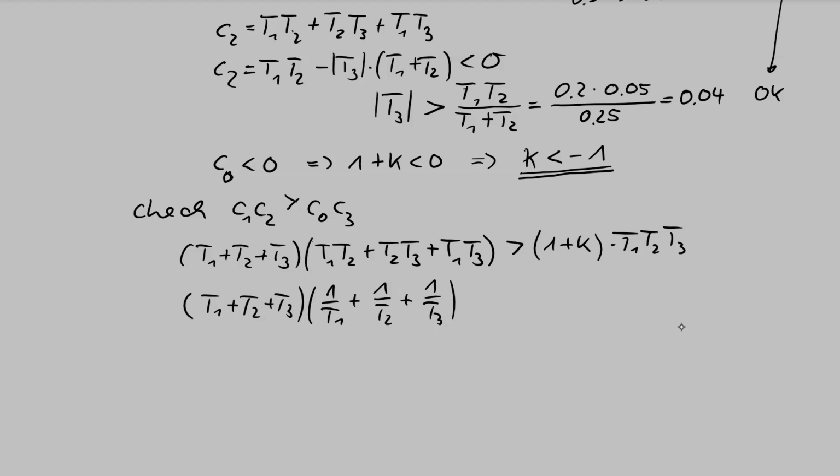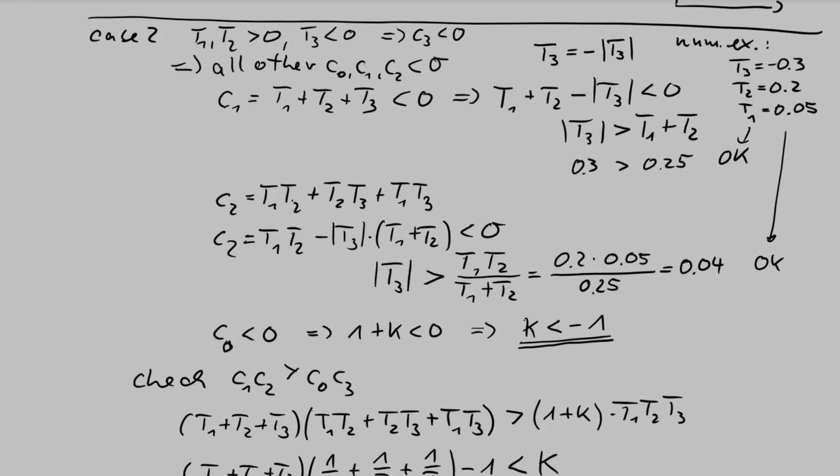So we have to write on both sides -1, and now this sign is changed. So k must be larger than this, and with numbers this gives k must be larger than -1 plus the sum of the t's.